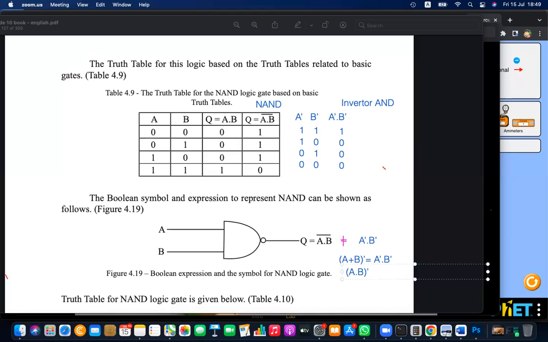That is similar to NOT A or NOT B. But the signs, this is OR, this is AND, are not the same, but these are producing similar results. This is called De Morgan's law.